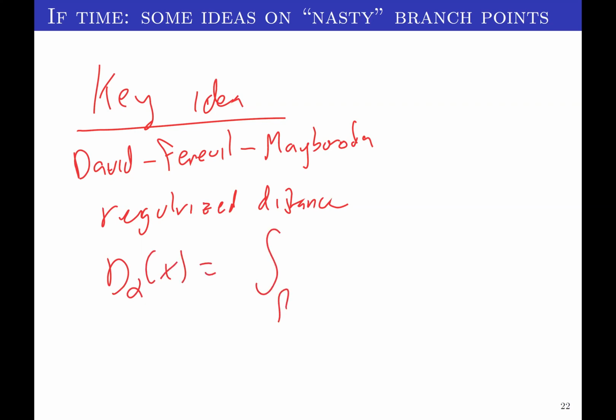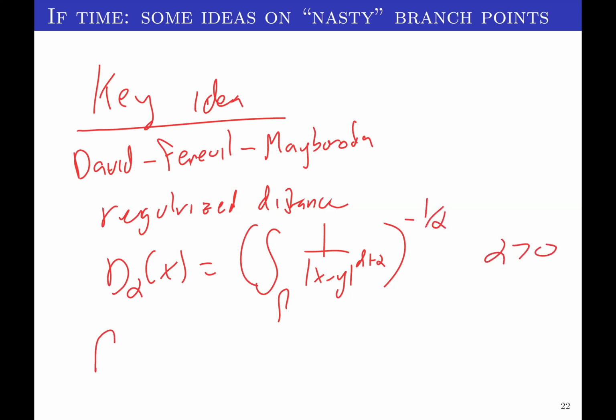You integrate over some set Omega, |x-y| to the -(d+alpha), all to the -1 over alpha. So here alpha is positive, Gamma is d-dimensional, and x is in R^n minus Gamma.